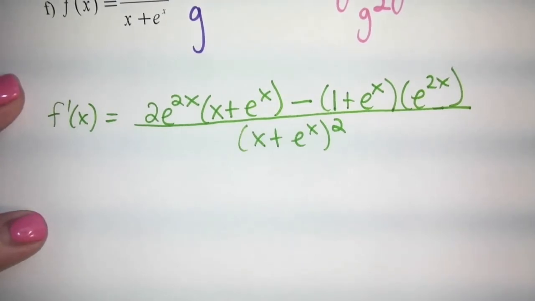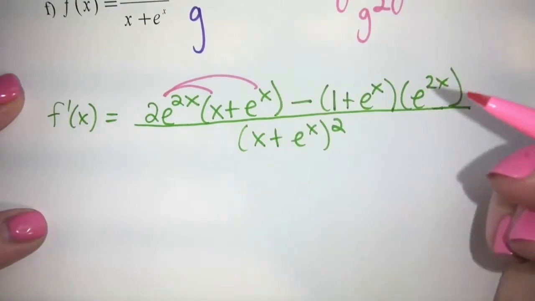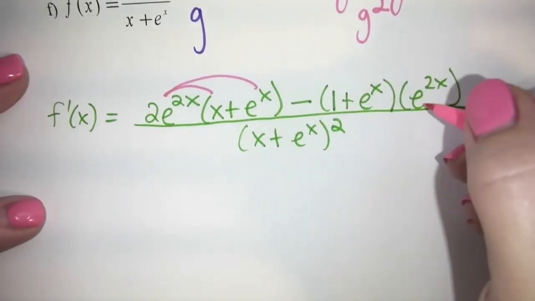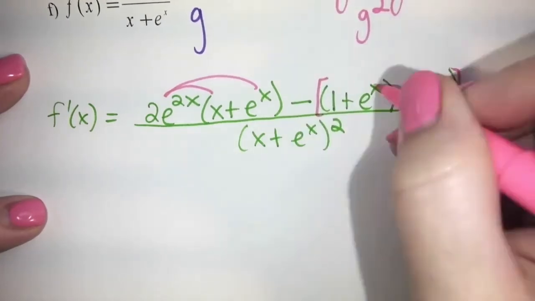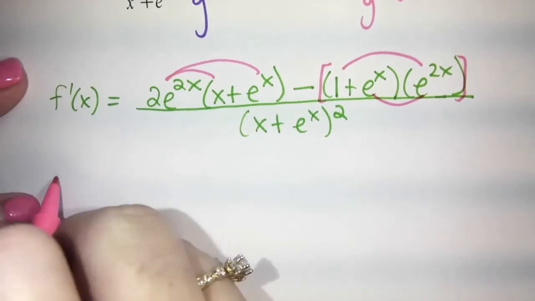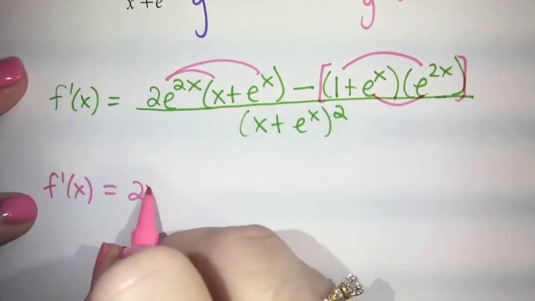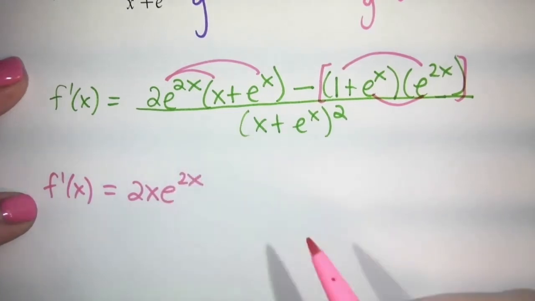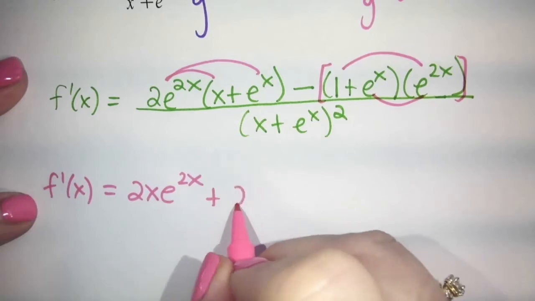So if we multiply this out here and put this negative through, let's say I'll write this maybe just as a bracket first, multiply this out, and then I'll put the negative through after, just so I don't lose anybody. So here, 2e to the 2x times x would be 2x e to the 2x. 2e to the 2x times e to the x would be plus 2e to the 3x.